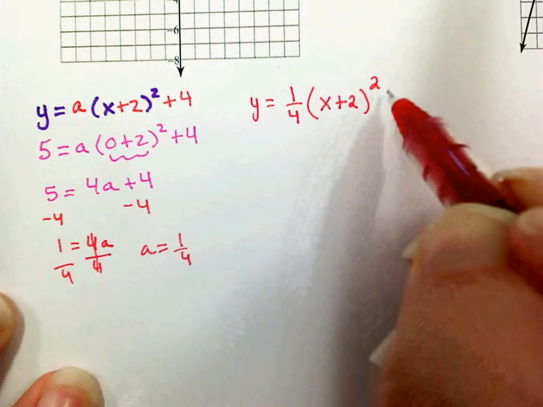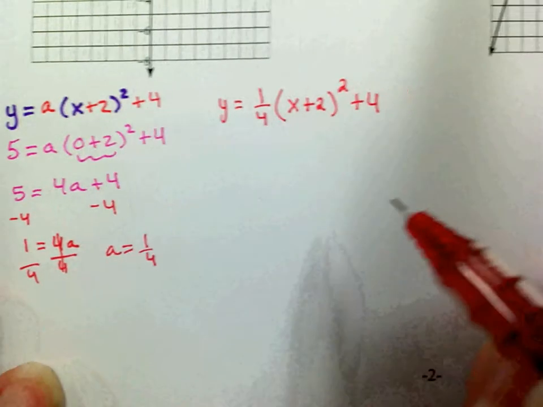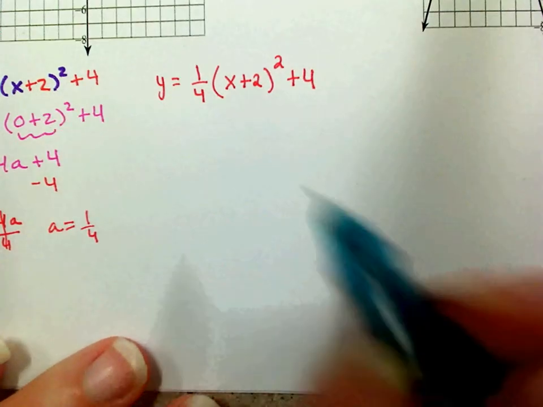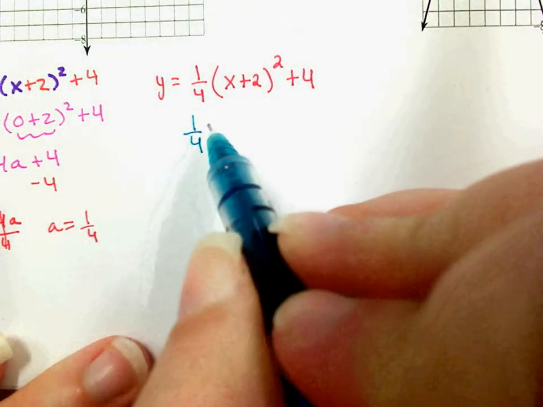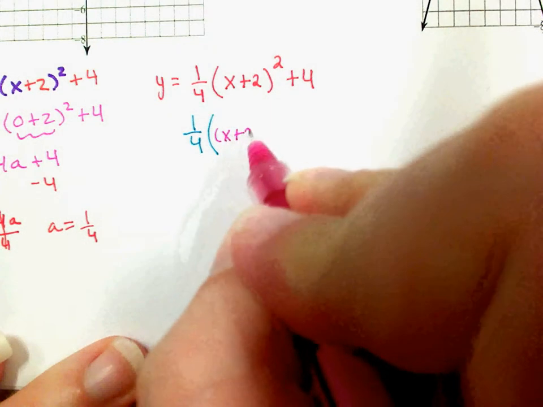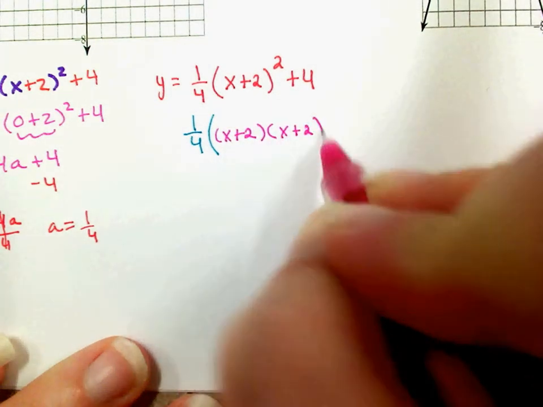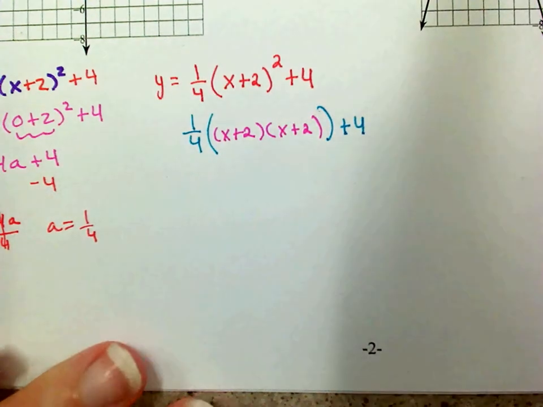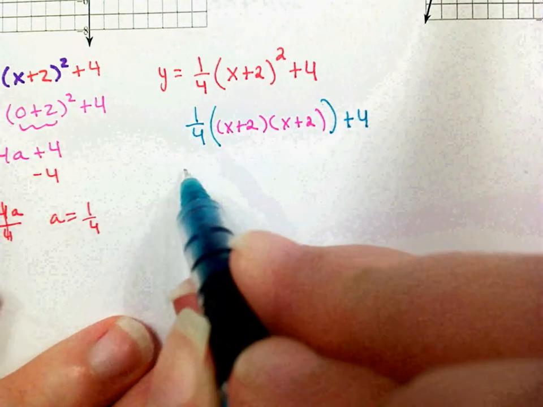Okay, the first thing I want to do is distribute out my x plus 2 times x plus 2. So 1/4 times, and I'm going to do this in a different color, x plus 2 times x plus 2, and then plus 4. So 1/4 times, what's x times x?